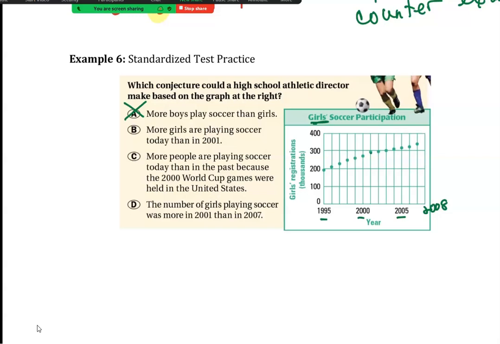There's nothing here that refers to that, so I can't use that. The number of girls playing soccer was more in 2001 than in 2007. Nope. So this is my best conjecture right here. I see a pattern. The pattern appears to be going up, so I'm going to have an educated guess based on this pattern that it will continue, and that would be B.